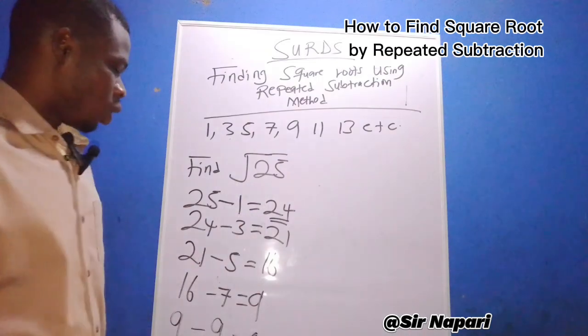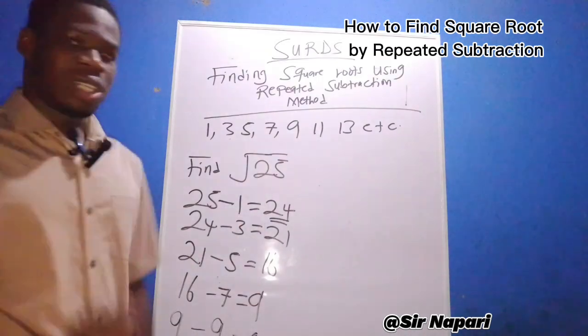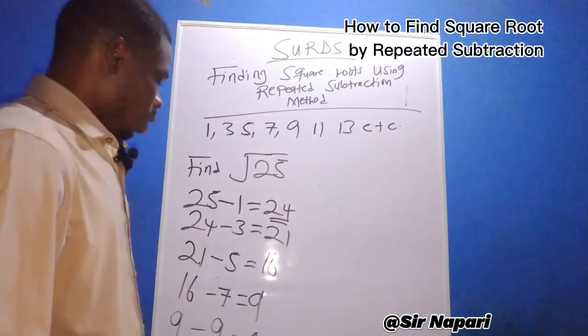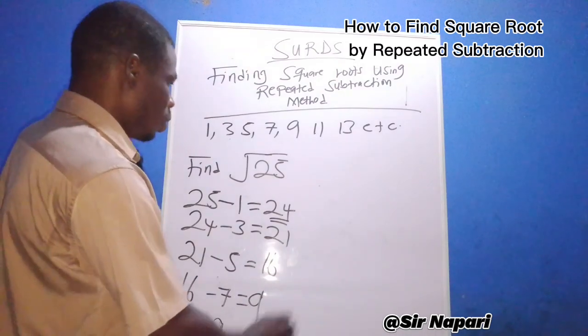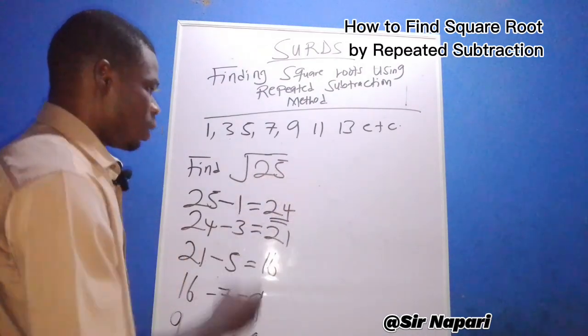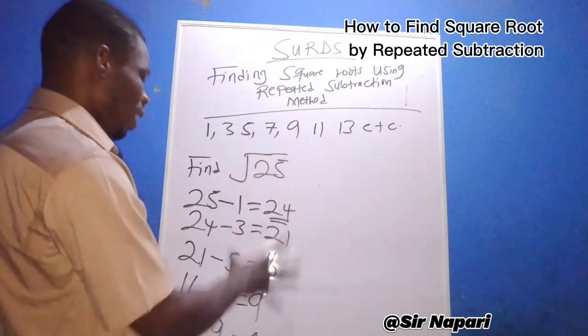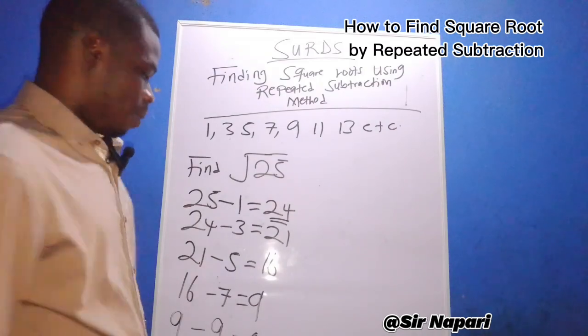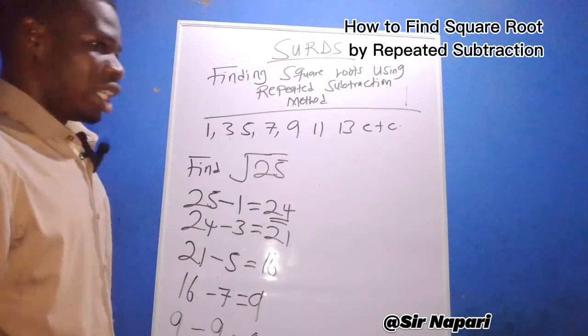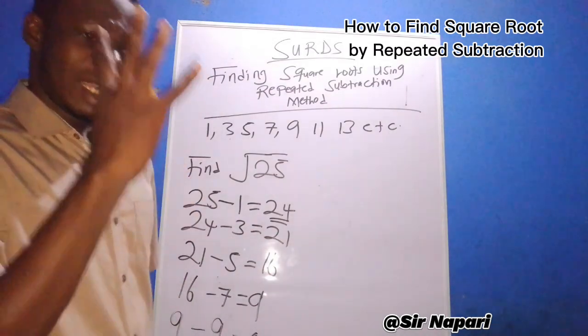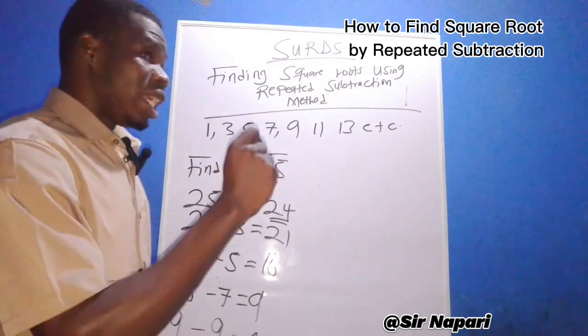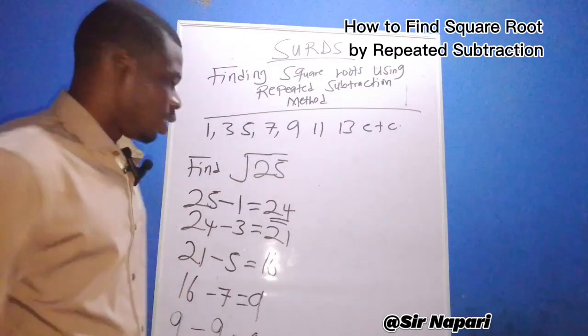When you finally get your answer as 0, how do we deduce the square root of 25 from this illustration? We count the number of times we did the subtraction.